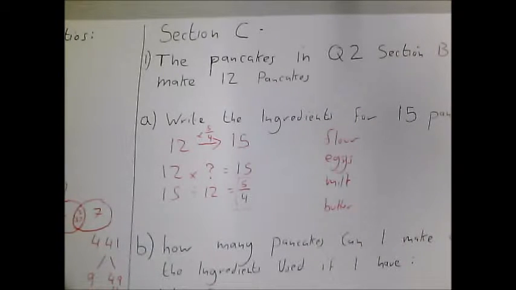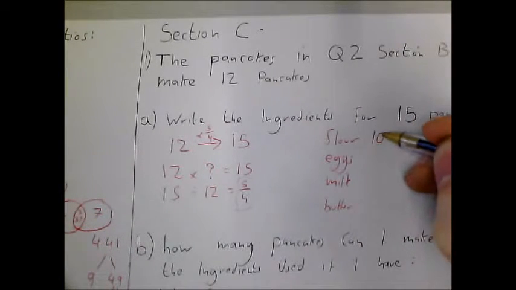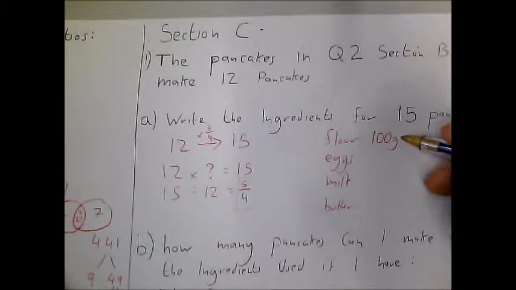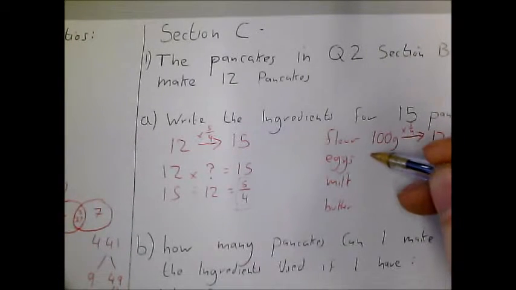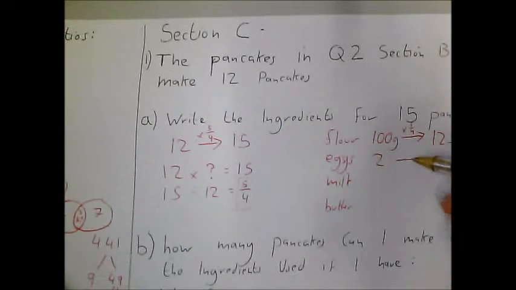So it was for 100 grams, so 100 grams multiplied by 5/4 gives you 125 grams. This was 2 eggs multiplied by 5/4, that gives you 2.5 eggs.